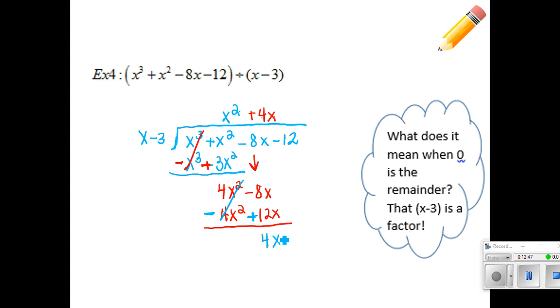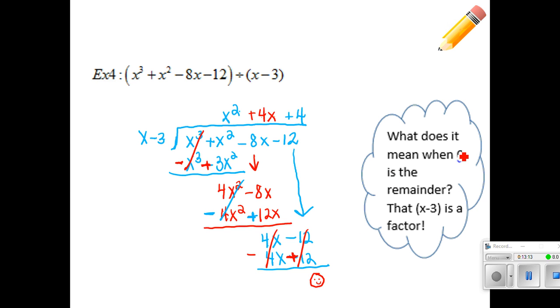That's 4x. Bring down your last term. What times x will give you 4x? Well, that would be a 4. 4 times x is 4x. 4 times -3 is -12. Make your line, change your signs. And they cancel out, and we have a remainder of 0.